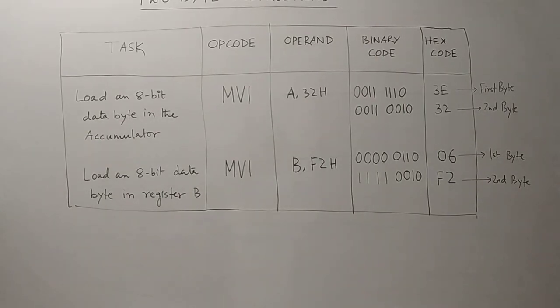So in a 2 byte instruction, the first byte specifies the operation code and the second byte specifies the operand.